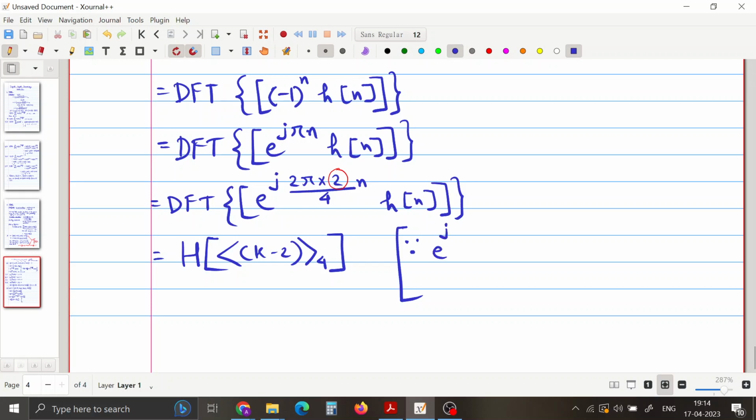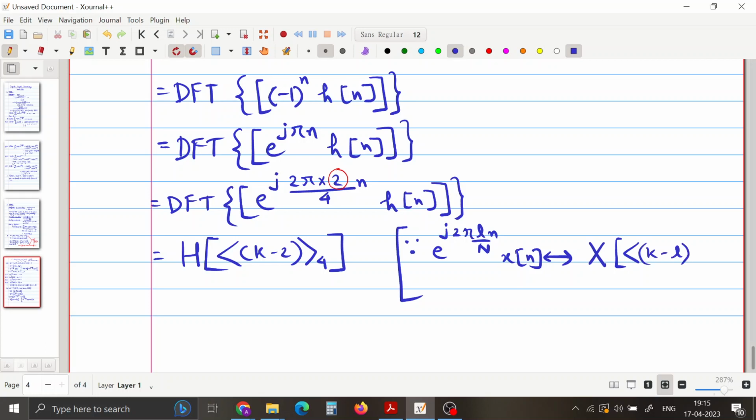If you have e to the power j 2 pi l n by capital N multiplied with x of n, its DFT is given by capital X of k minus L. This will incur a shift by L units, so L samples.